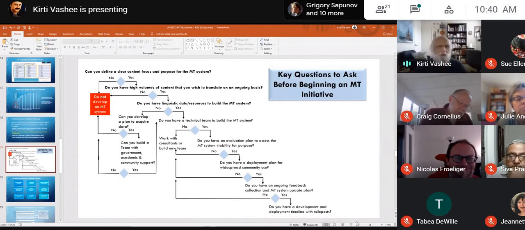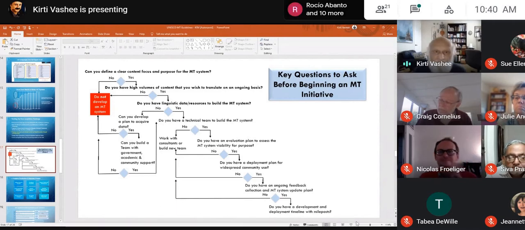But basically, you want to make sure you have a clear content focus and a purpose for the MT system. And MT systems only because of the complexity, because the effort needed to build them is significant. You should not be thinking about it unless you have regularly high volumes of content that you expect to be doing on this. And do you have the data?